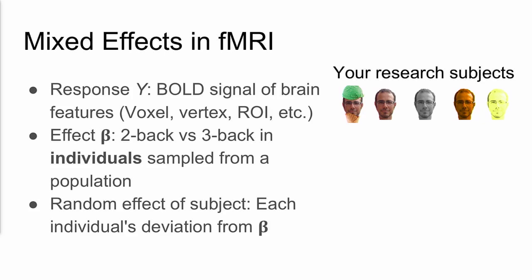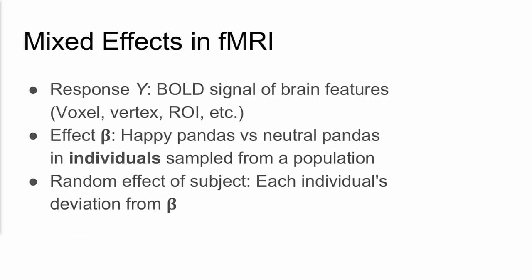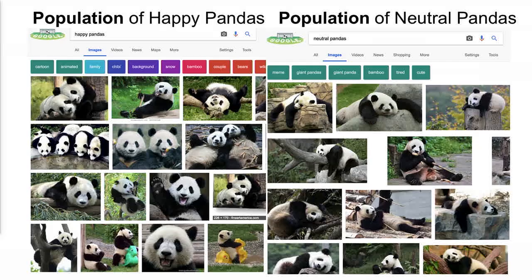And everyone knows this. Pretty much every neuroimaging analysis package is going to allow you to account for subject-level effects. But what if you weren't interested in a 2-back versus 3-back contrast? What if you're doing a different question, something about, to quote Tal from last year, happy pandas versus neutral pandas.